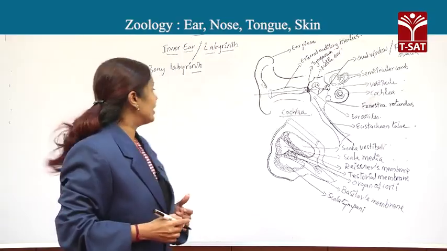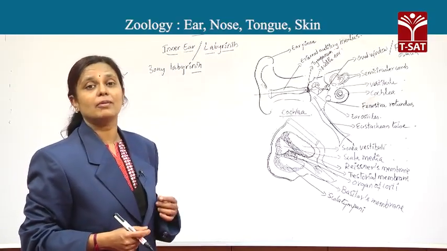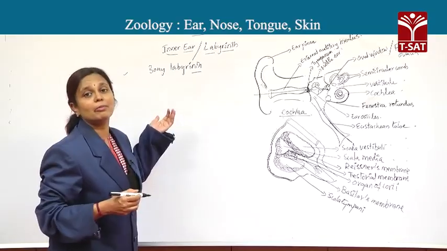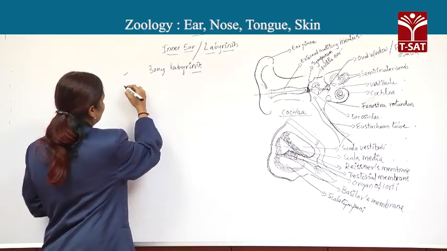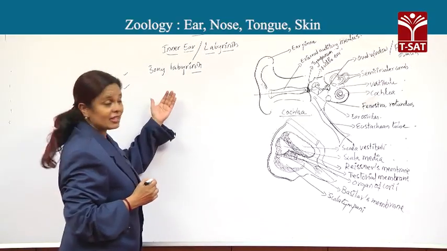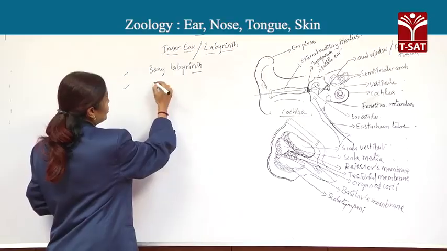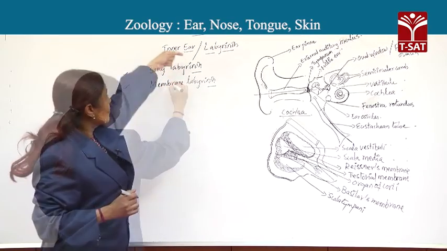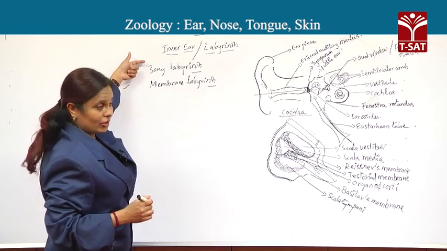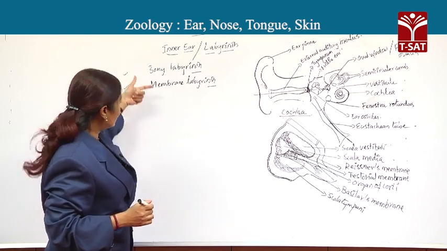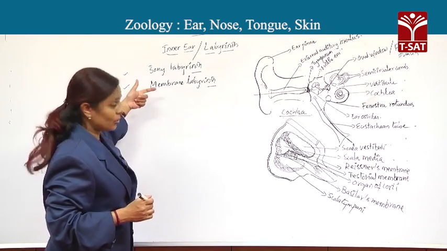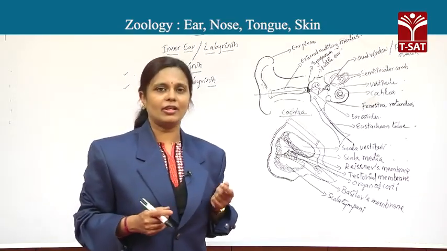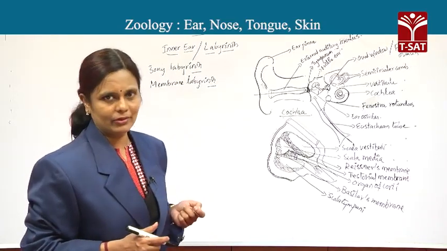This in turn is divided into a number of compartments by connective tissue partitions or membrane partitions, and all the membrane partitions present inside the bony labyrinth together you call the membrane labyrinth. Inner ear structure, let us call it the bony labyrinth, an outer bony structure, and with membranes inside, let us call it the membrane labyrinth.